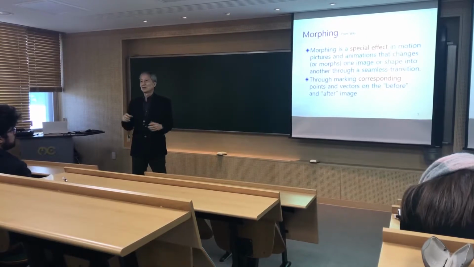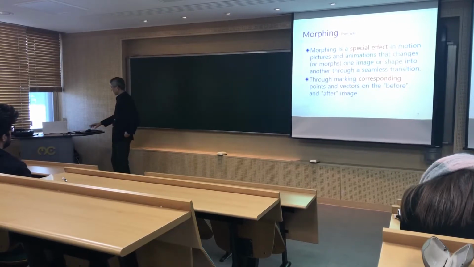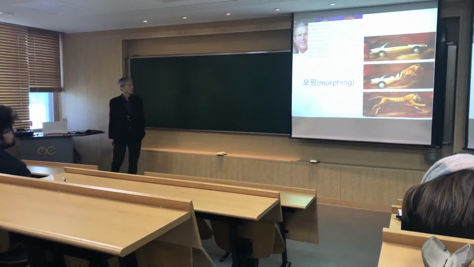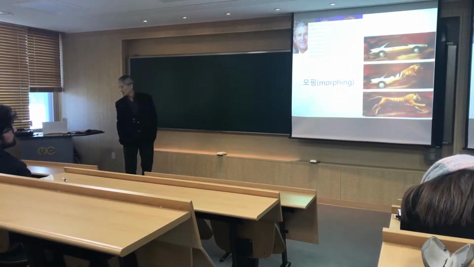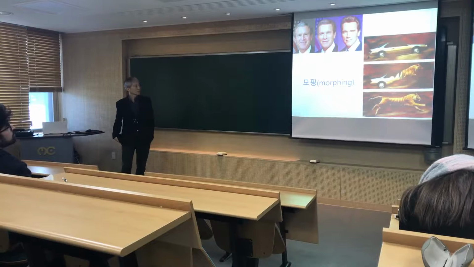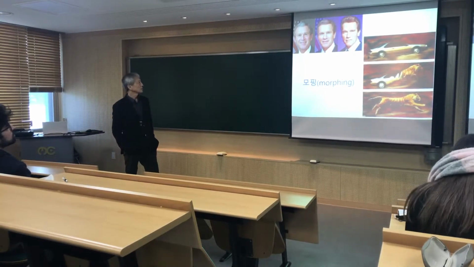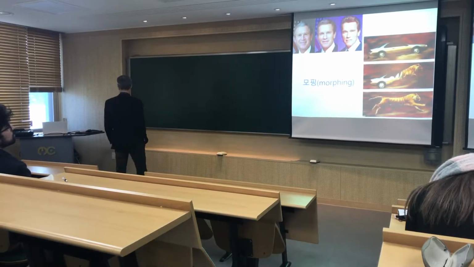Right? Anyway, the baseline idea is finding out corresponding points and then move one by one by interpolation. So there are some samples. Morphing. Okay. Car can be changed into tiger. People are changing.